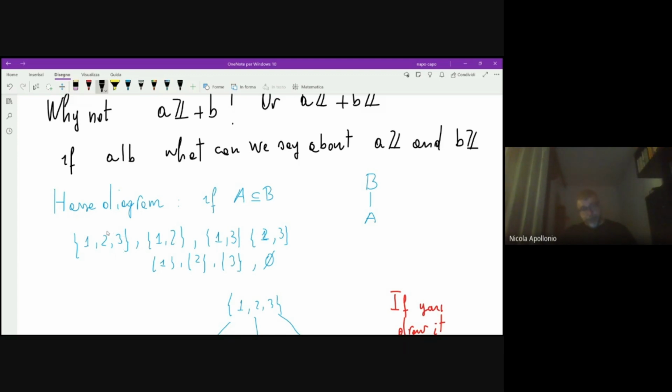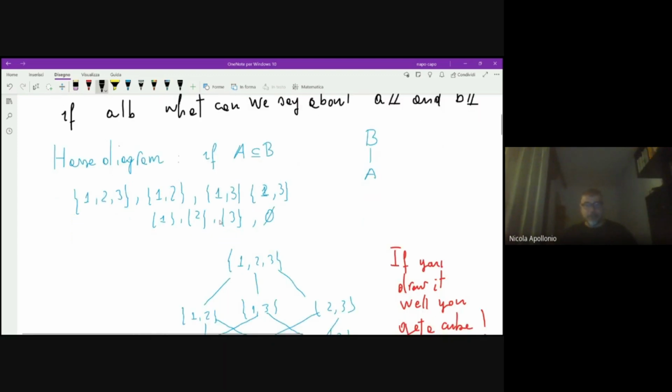So you put it in the set of all subsets of {1, 2, 3}, but {1, 2} is a proper subset, {1, 3} is a proper subset, {2, 3} the same, and so on and so forth. And the empty set is again a subset of {1, 2, 3}, a proper subset of it.